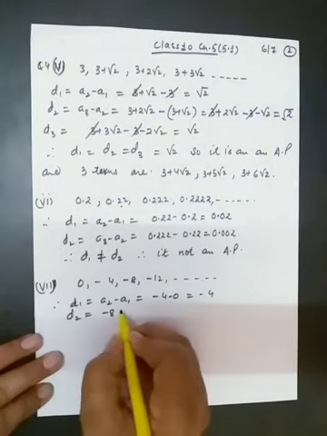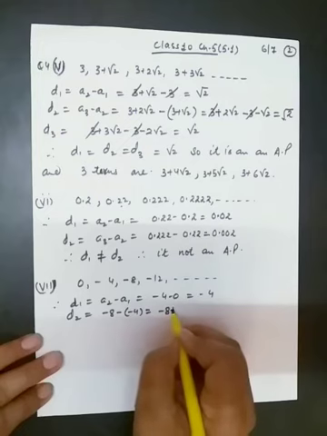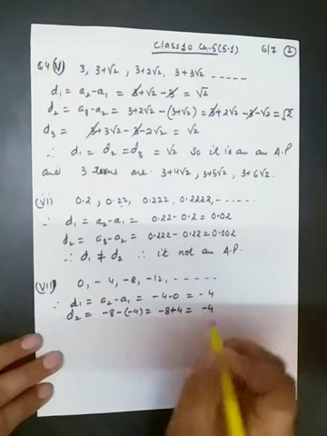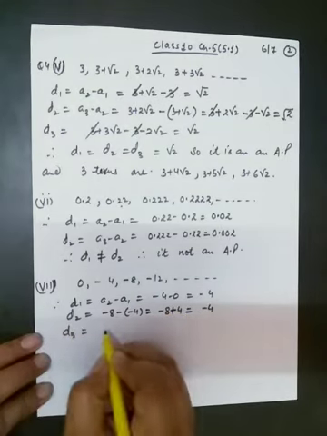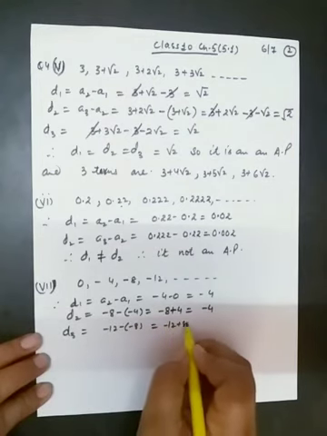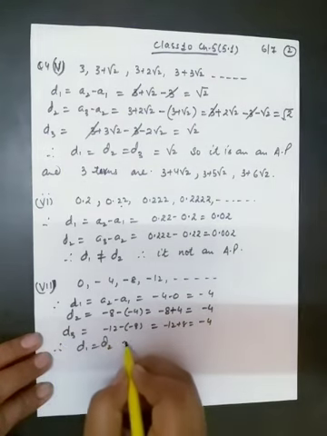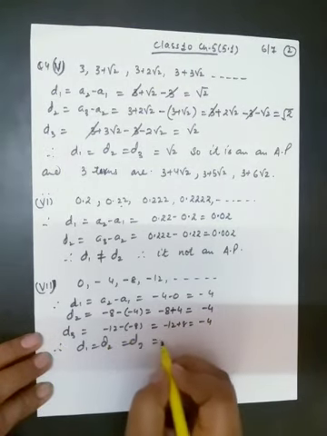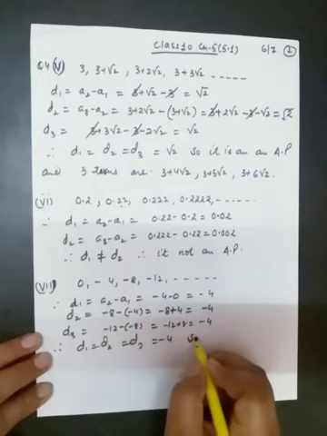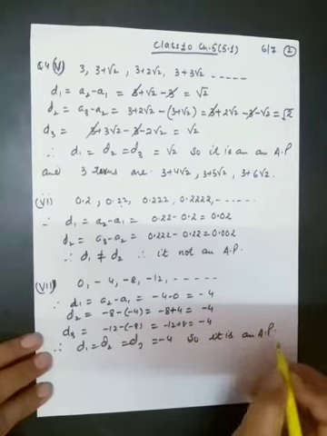D2 is -8 minus (-4), -8 plus 4, it is -4. And D3 is -12 minus (-8), -12 plus 8, it is -4. So therefore D1 is equal to D2 is equal to D3 is equal to -4. So it is an AP.